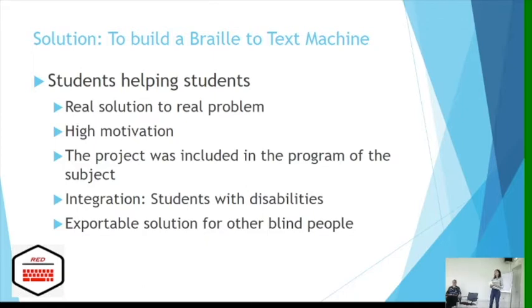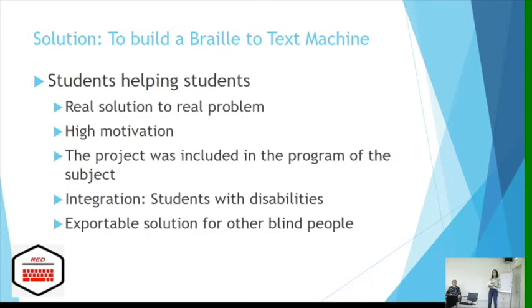It was a very interesting idea because all the students were well involved. This is a real problem with a real mate in the classroom, so they have really high motivation, and they wanted to make Cosmina's life better.